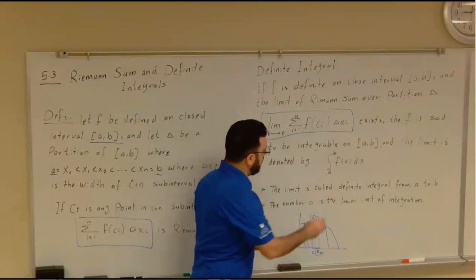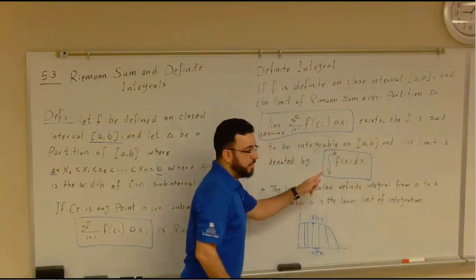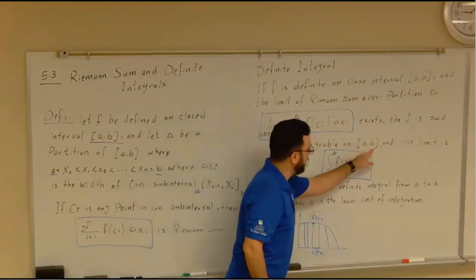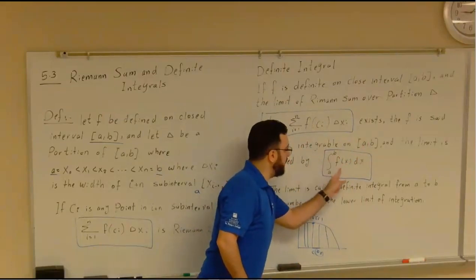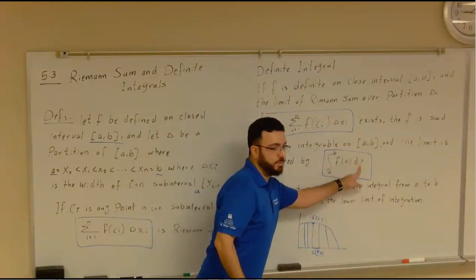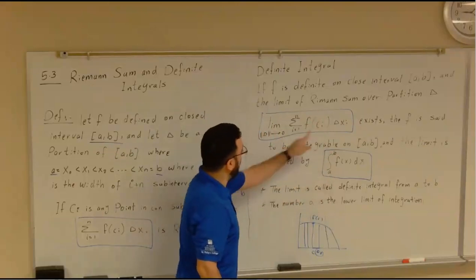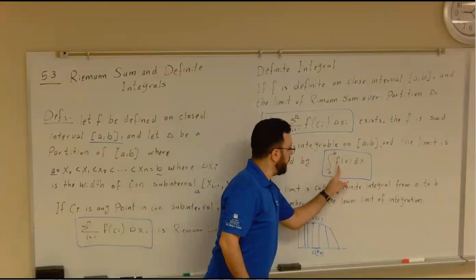Everything here, we can convert to the integral. We have the interval from A to B, so it's going to be the integral from A to B of our function, times dx. Instead of doing the whole thing here, we're just going to take the integral from A to B of f of x dx.